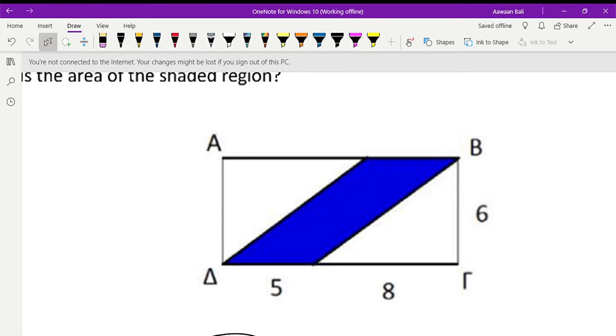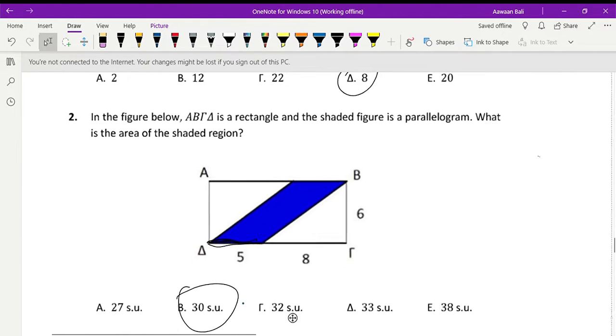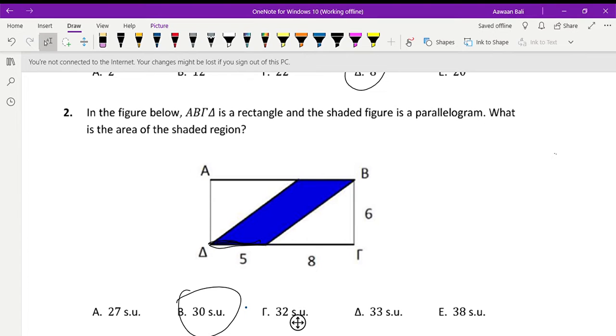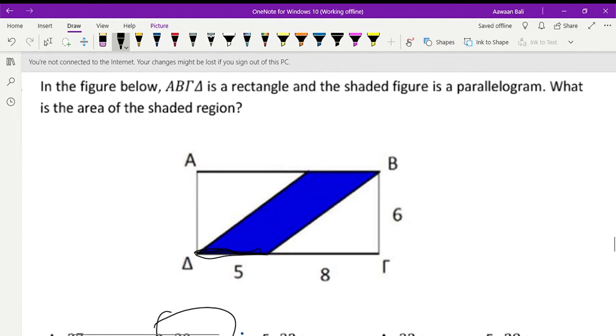So here's the easier way. Since it says the base is 5 and the height is 6, you can simply do 5 times 6, which is 30. And then you get 30 square units.